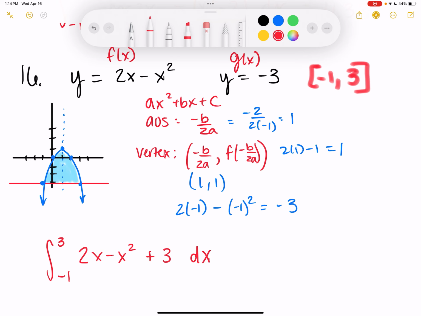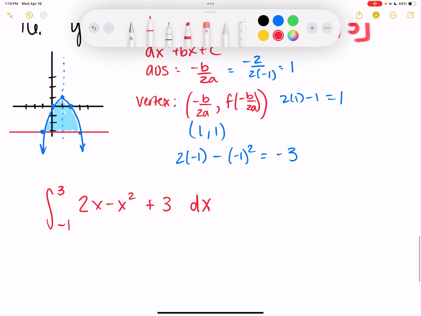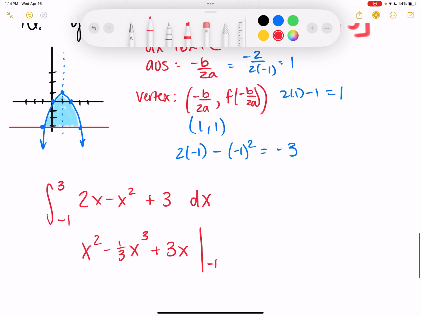And I need to integrate that. X squared minus 1/3 x cubed plus 3x, evaluated from negative 1 to 3.